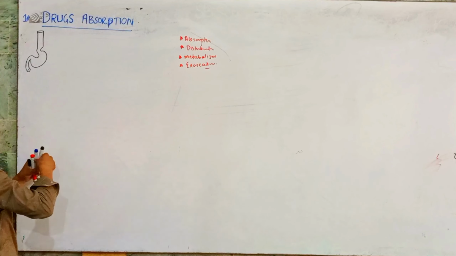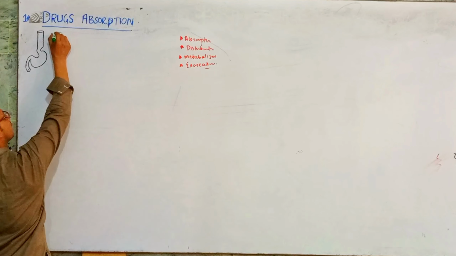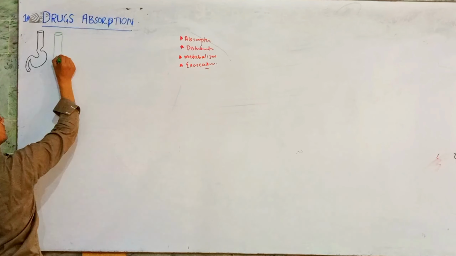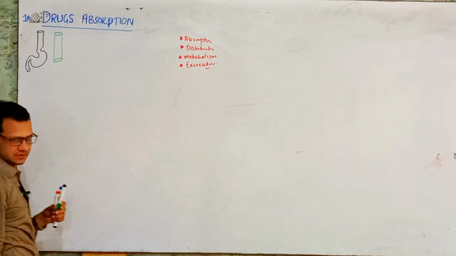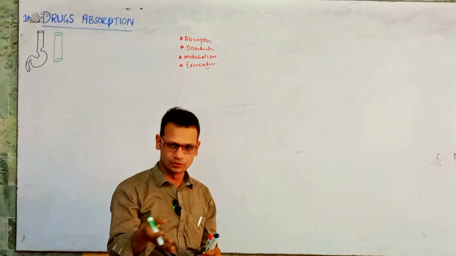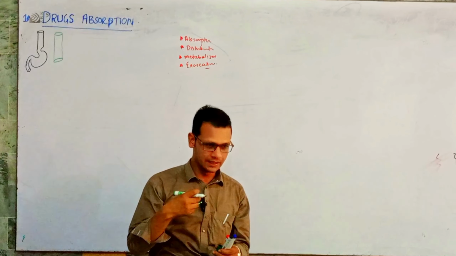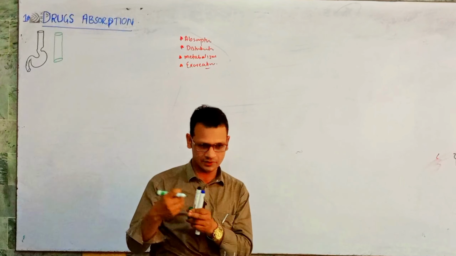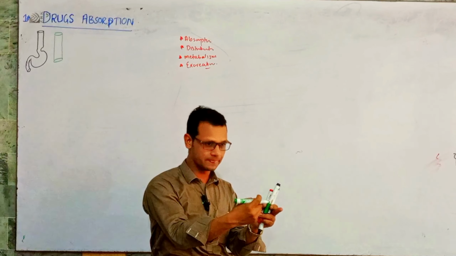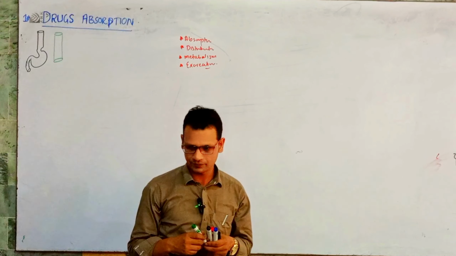After administration, this drug will move to portal circulation. What is portal circulation? Portal circulation is the circulation between the GI tract and liver, and all the nutrients, drugs, and poisons, when we take them orally, will follow this portal circulation, and from the site of administration it will go to the liver, and the liver is one of the main organs for metabolism, right?